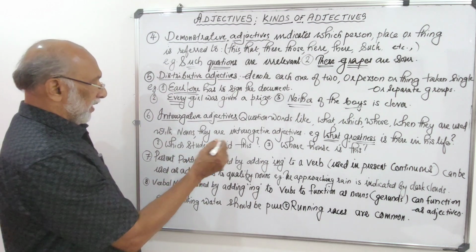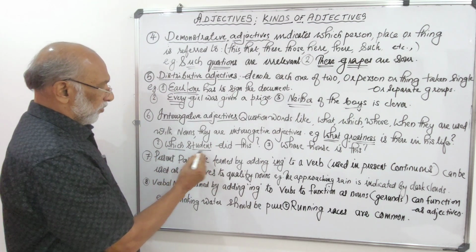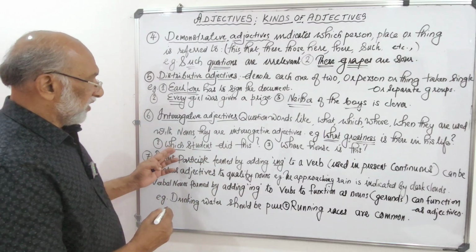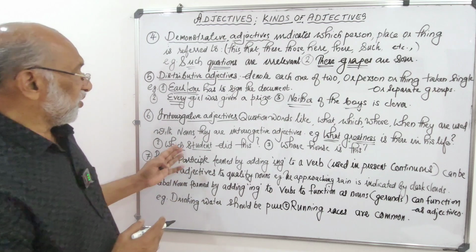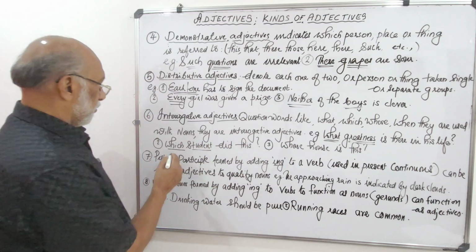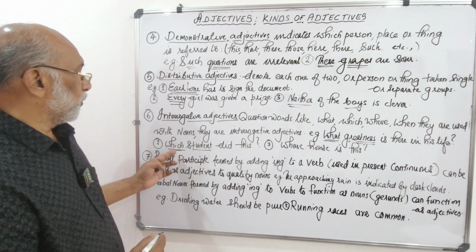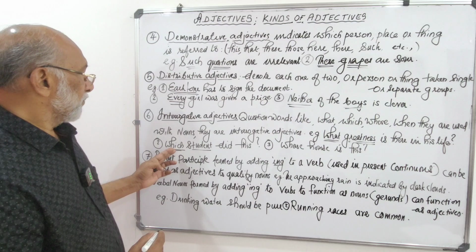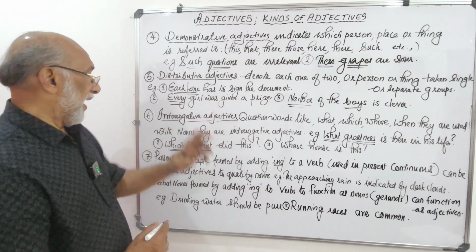Then coming to another one, which student? Student is the noun, and which is used here as an adjective. Which student did this? So once again, an interrogative word is used as an interrogative adjective.